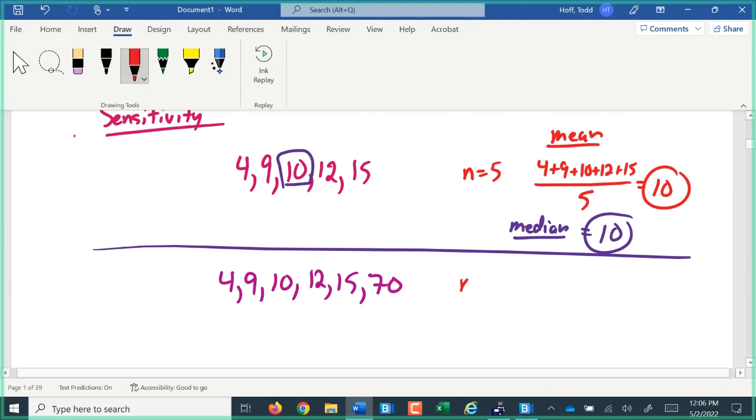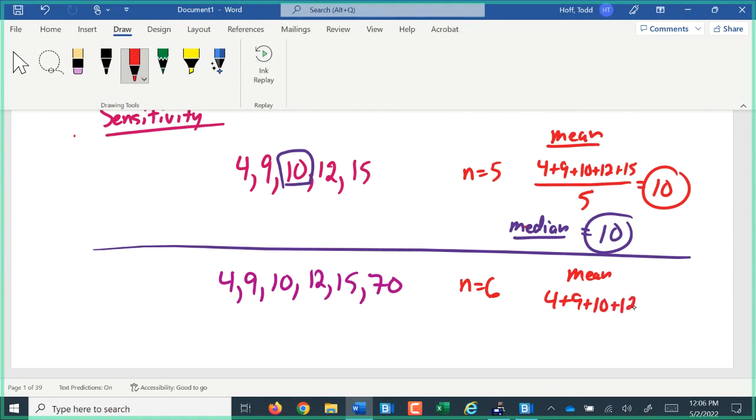N equals 6 now, because there's 6 numbers in the set. Our mean, 4 plus 9 plus 10 plus 12 plus 15 plus 70 divided by 6. Well, that's now 120 divided by 6. That's 20. The mean is 20. That's only one number in the whole set bigger than the mean.